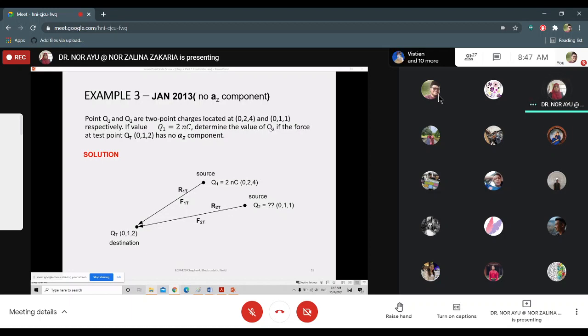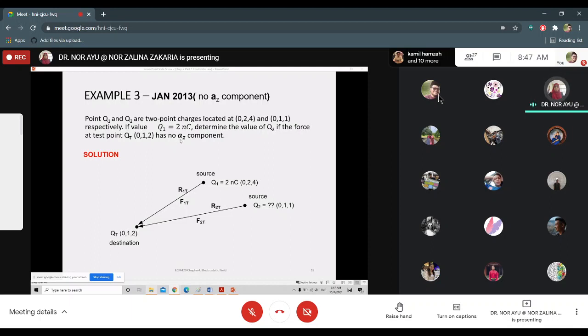Okay, so at Qt having no AZ component means that whatever the force or electric field intensity is, you know these are vectors, right? We have AX, AY, and AZ, but it mentions here that there is no AZ component.